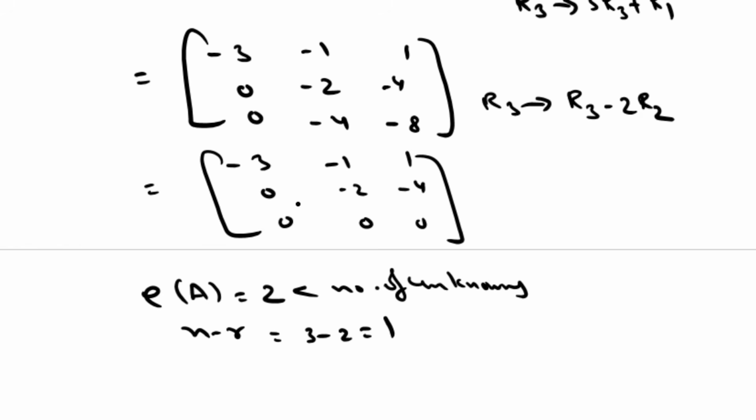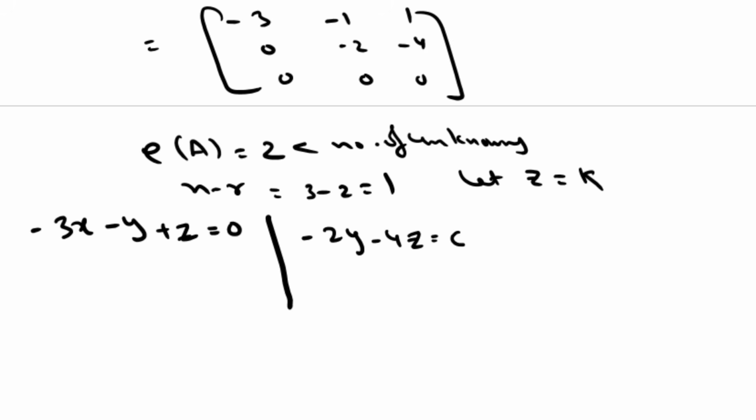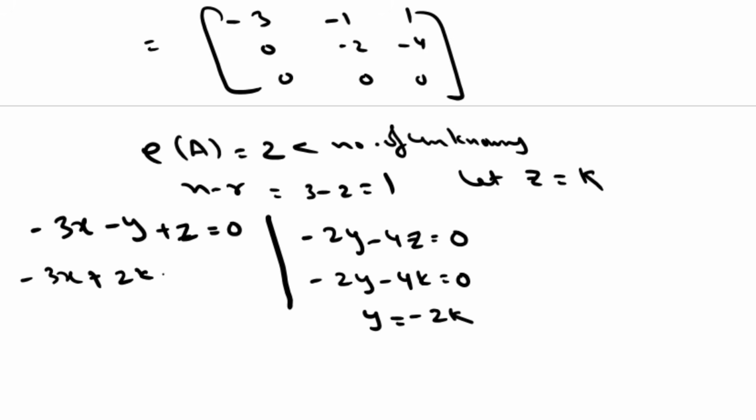3 minus 2 equals to 1. Let z equals to k. The first equation is minus 3x minus y plus z equals to 0. The second equation is minus 2y minus 4z is equals to 0. Minus 2y minus 4k is equals to 0, y is equals to minus 2k. Substitute the y value and z value in the first equation: minus 3x plus 2k plus k is equals to 0.